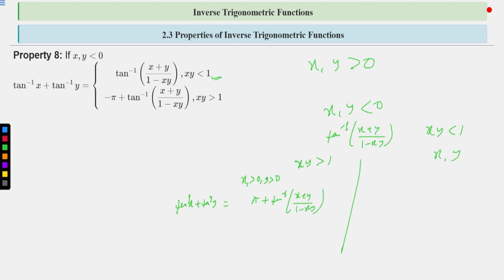And when xy is greater than 1 and x less than 0 and y less than 0, then tan inverse x plus tan inverse y will be equal to minus pi plus tan inverse of (x plus y) upon (1 minus xy), right? You have to remember these two cases. So let us prove this also.